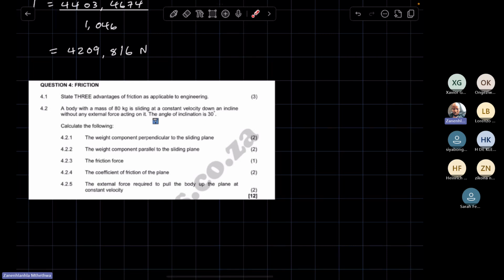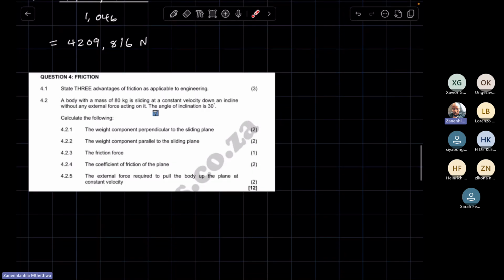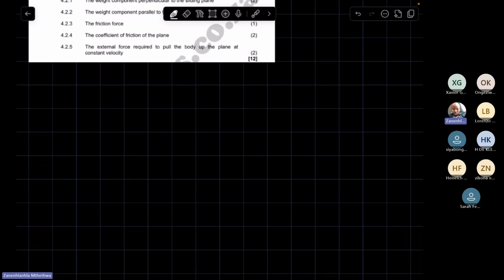Now, one thing we need to understand here, they said you have a body with this mass sliding at constant velocity down an incline without any external force. So meaning there was no force that was applied to this body for it to start moving down the incline. Now, what does that suggest? Let's draw a free body diagram.